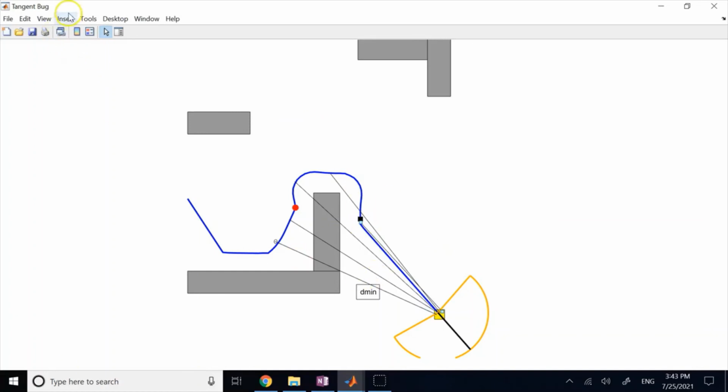So all of these were dleave, and these dleaves were all bigger than dmin until I reached this point. Now my dleave is less than dmin. So now I know it's a good time to leave the wall and directly go toward the goal. Okay, so I assume that's quite clear here.